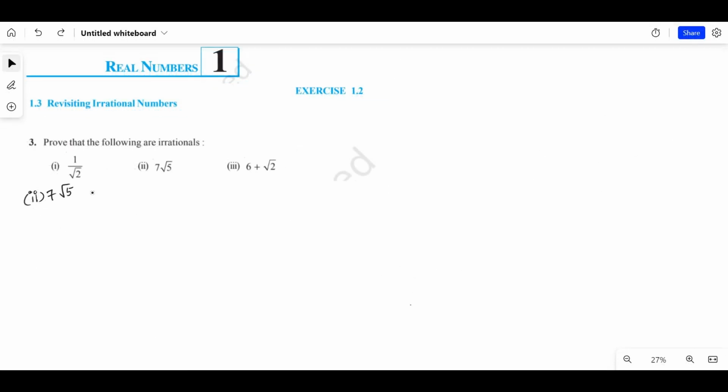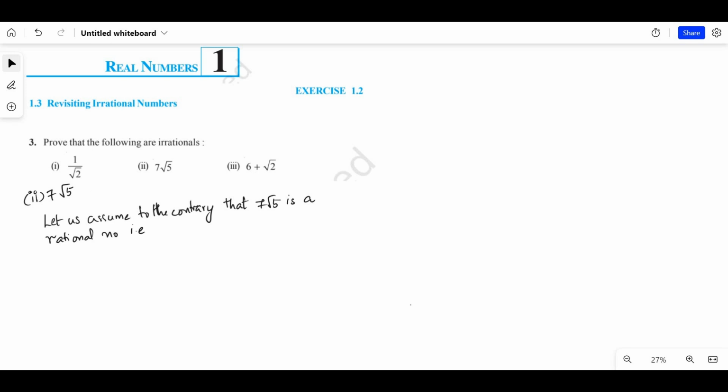Question number 2, 7 root 5. So we are proving this with the help of proof by contradiction technique. So let us assume to the contrary that 7 root 5 is a rational number.